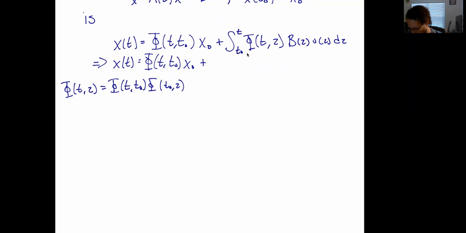Now if I insert this into the expression above, note that this first term has no dependence on tau, so we can pull it out of the integral.